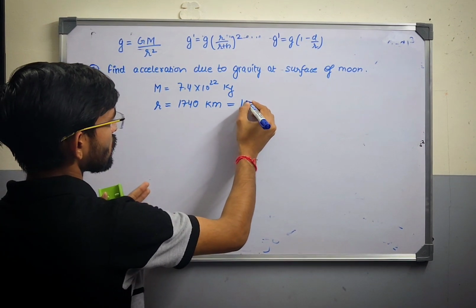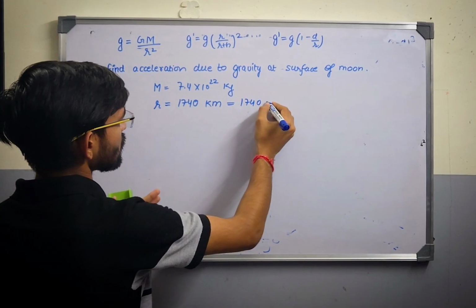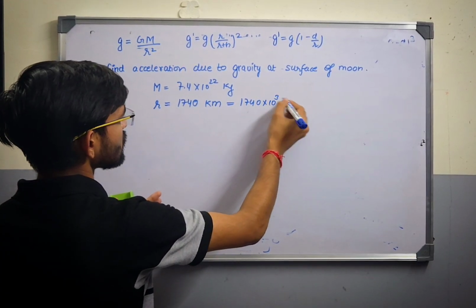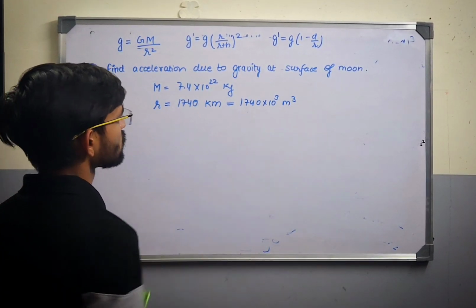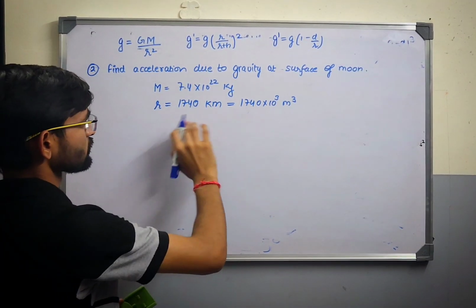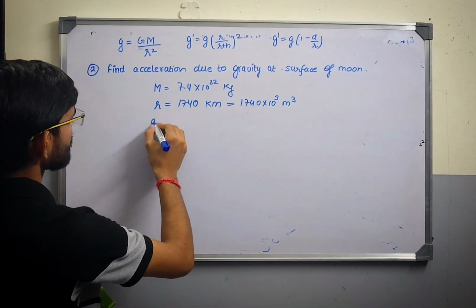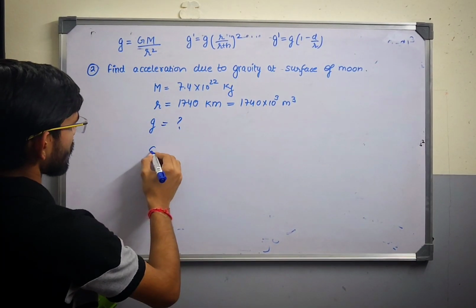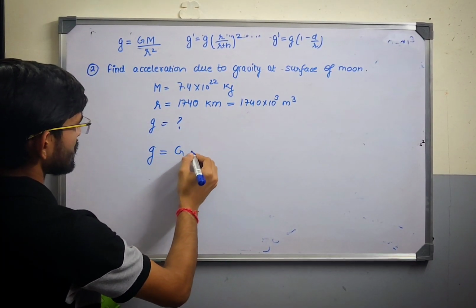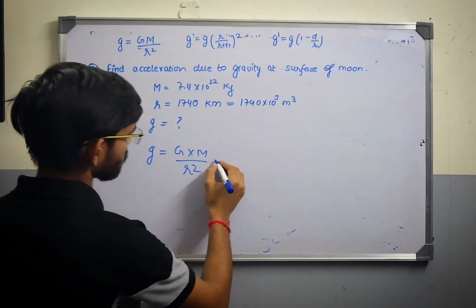So 1740 × 10^3 meters. And you have to find g. Acceleration due to gravity is given by G times M, mass of planet, upon radius of planet whole square.